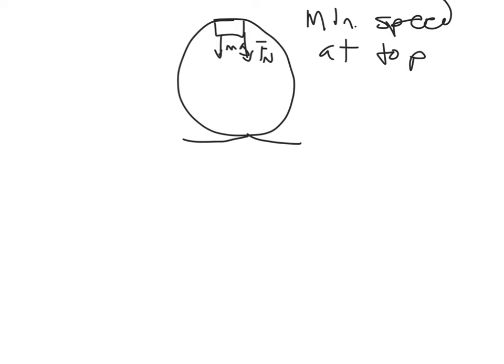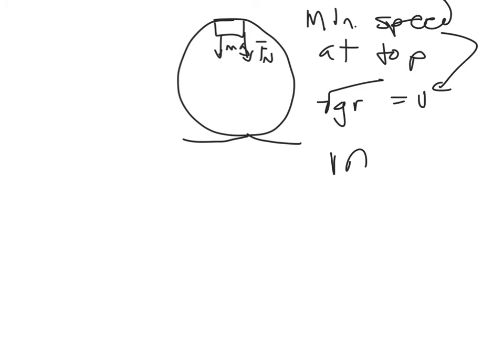And again, during class, I showed you sort of how to work this out to get the square root of gr equals v. That is the minimum speed at the top. If we want to complete this loop, we have to be going at least that speed. So a problem could give you a couple of these variables and ask you to solve for the other one.